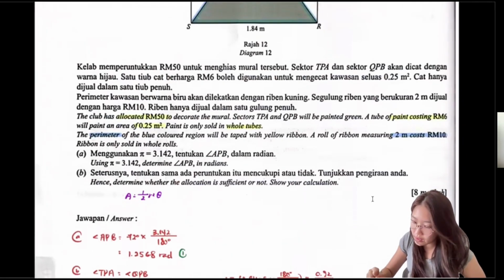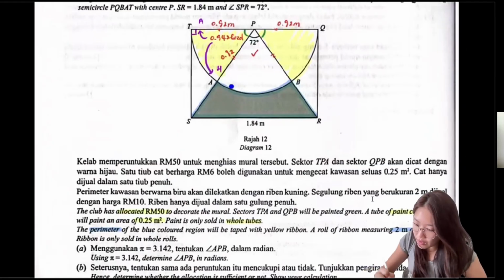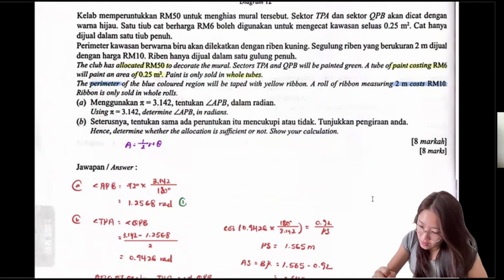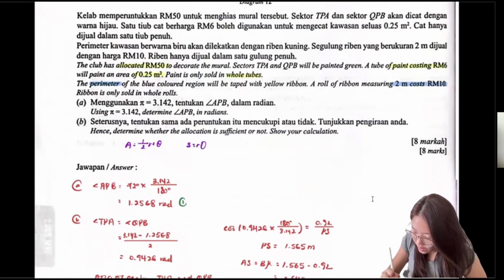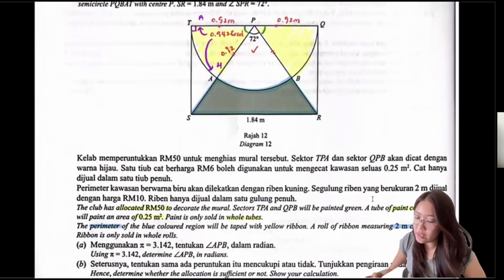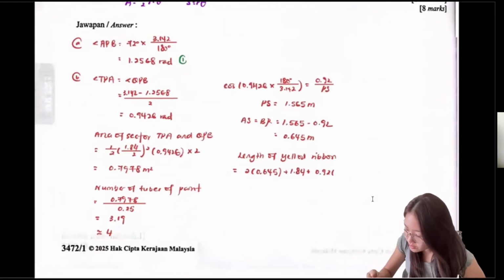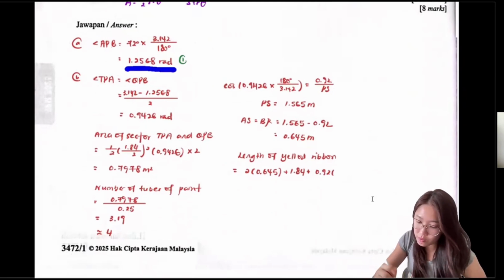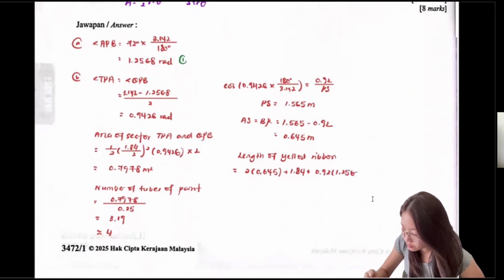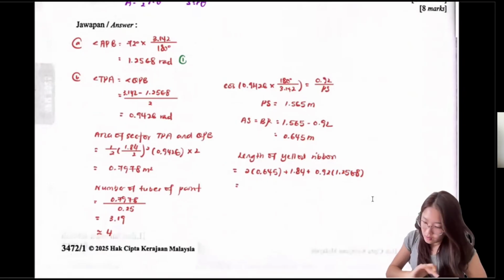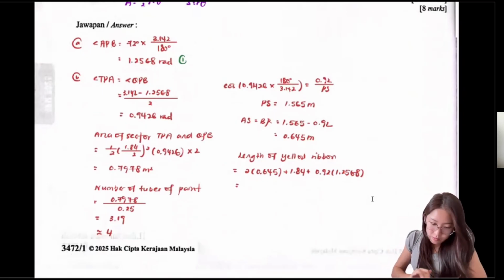And then we need the arc length. Arc length of AB. Formula here, S equals to r theta. Radius is 0.92. And the angle for 72 is this one, 1.2568. Then you multiply and add up, 0.92 times 1.2568.